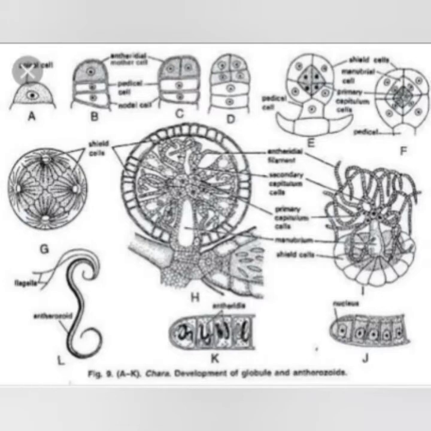Now, in figure E, you can see the antheridial mother cell has divided to form eight cells, referred to as the octant cells. Each cell of the octant will further divide periclinally. As a result, we will get two layers of eight cells.